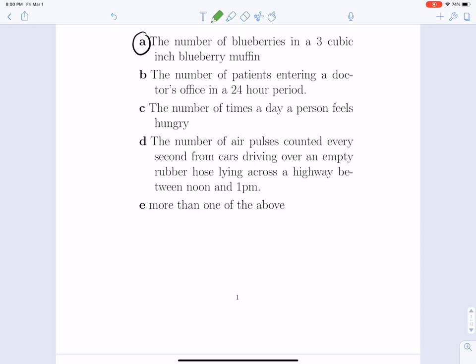And secondly, the pulses come in pairs, because you have the front and rear wheel driving over the hose. So if you just imagine what the scatter would look like, it would come in pairs, which wouldn't be random.